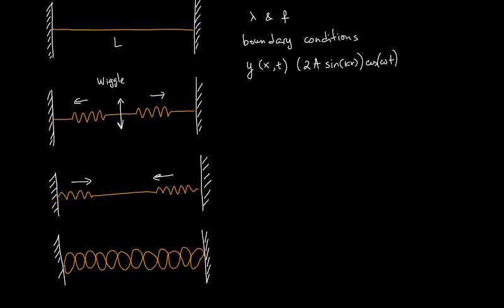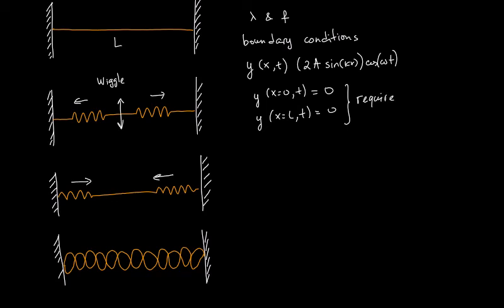You are welcome to stop here, go watch that, and come back. Then the boundary conditions would be: y at x equals 0 at any time should be 0, and y at x equals L at any moment of time should be equal to 0.